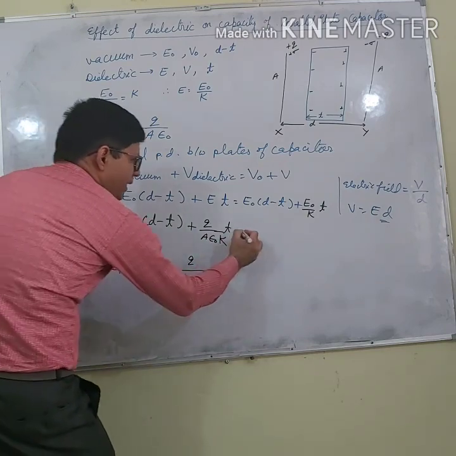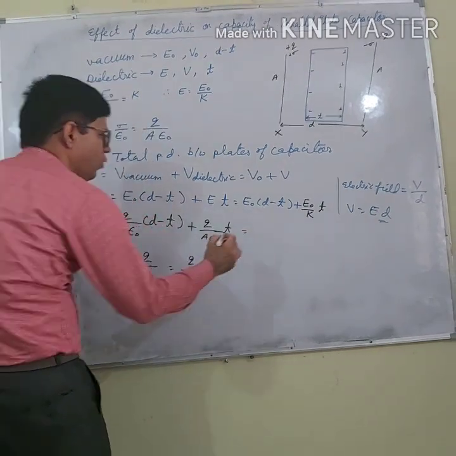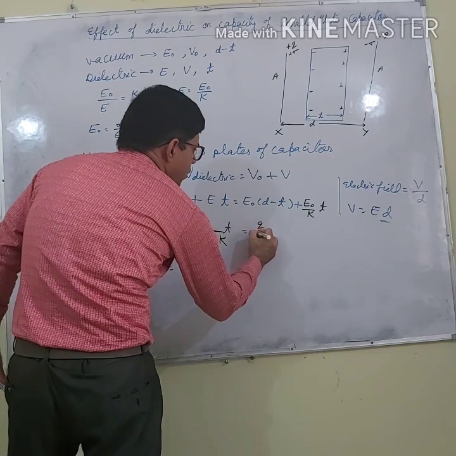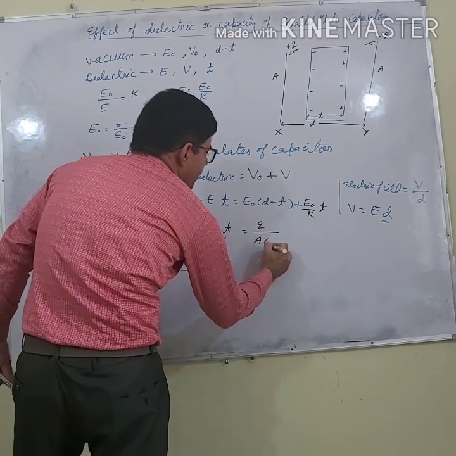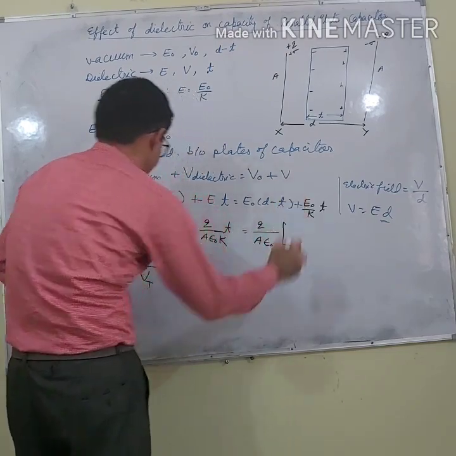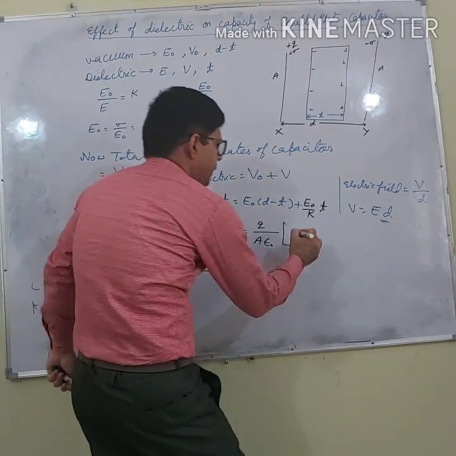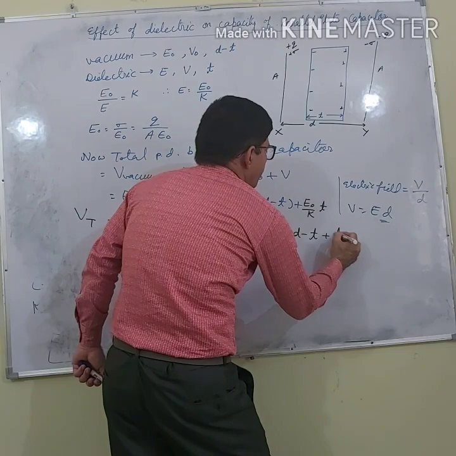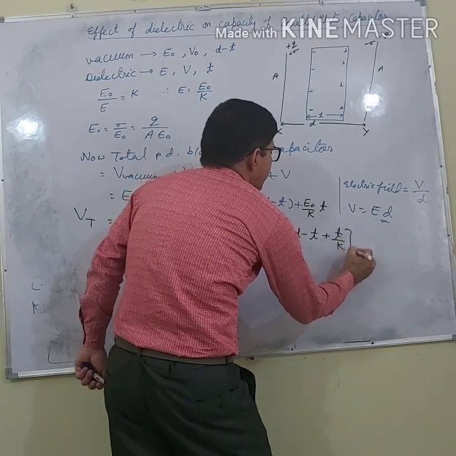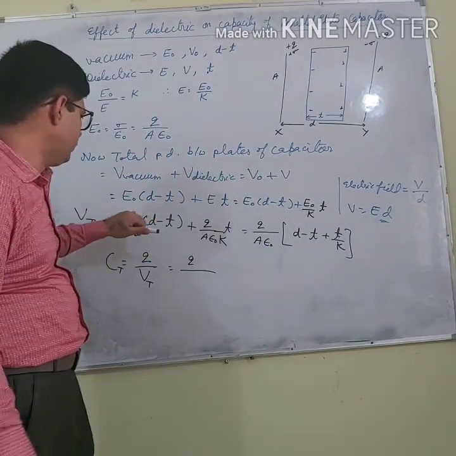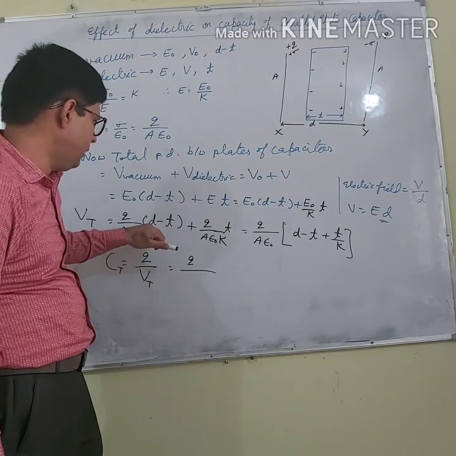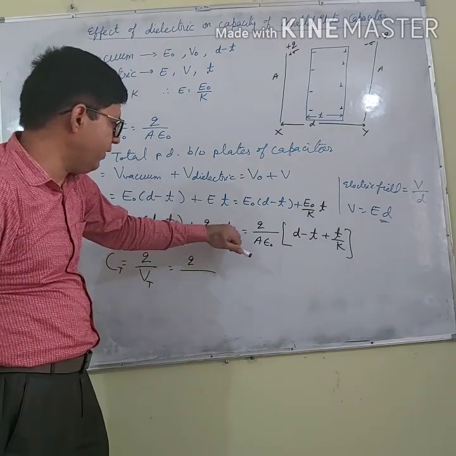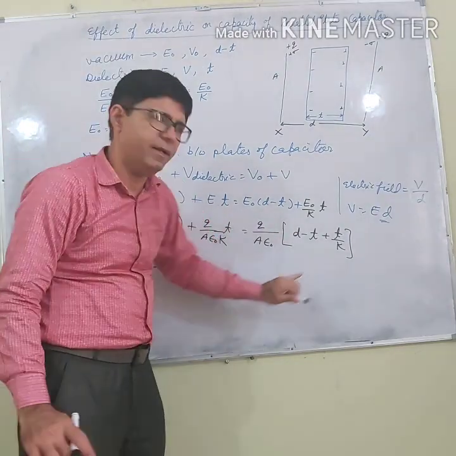Now let me take the factors which are common here: Q by A epsilon naught common, here D minus T, and here what is left? T by K is left. So I have written here.